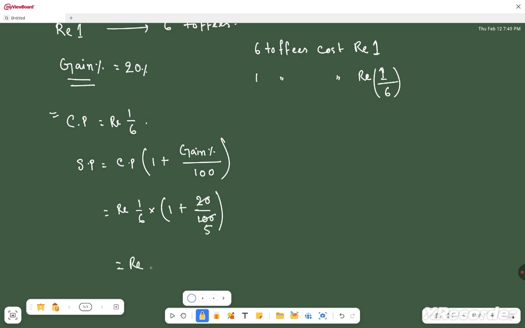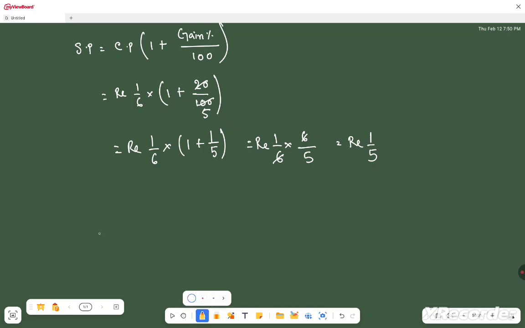That means rupee 1 by 6 into 1 plus 1 by 5, and if you calculate 6 by 5, that is rupee 1 by 5.